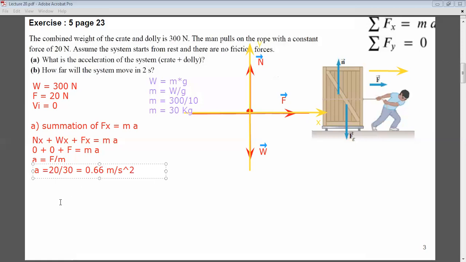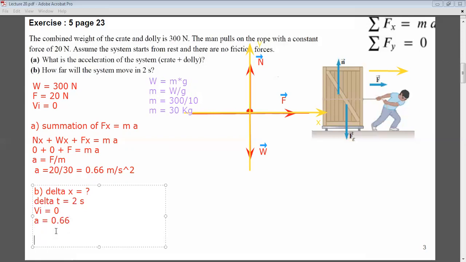Part B, how far will the system move in 2 seconds? So how far means it's asking for delta X. What information do I have? I have delta T, 2 seconds. I have the initial velocity 0. I have acceleration 0.66.